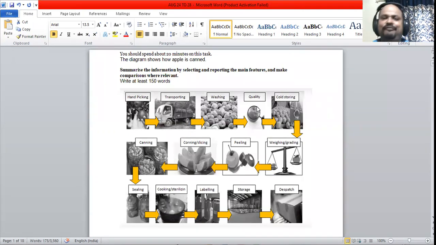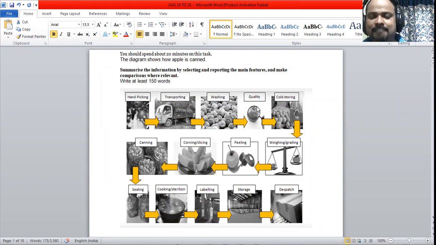We need to identify the picture, identify the data there, gather the information, and interpret it into words. But here the thing is different. Here we can see that it is a step-by-step process. Arrows are there. So what we have to do is present this particular thing in sequence using sequential words. This is something which is important here in a process diagram.